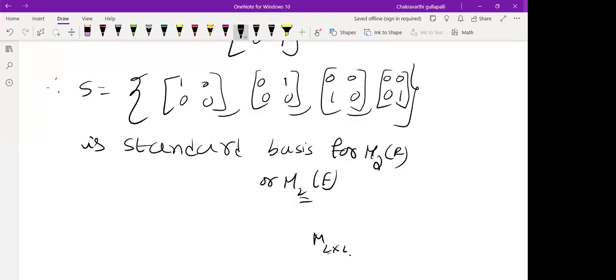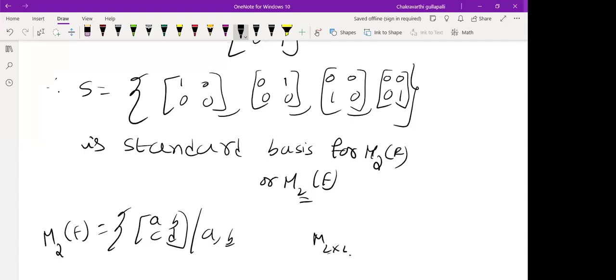The number of free variables will be 4. That method you can also apply. M2 over F is the set of all a, b, c, d belonging to F. How many free variables? 4 free variables.